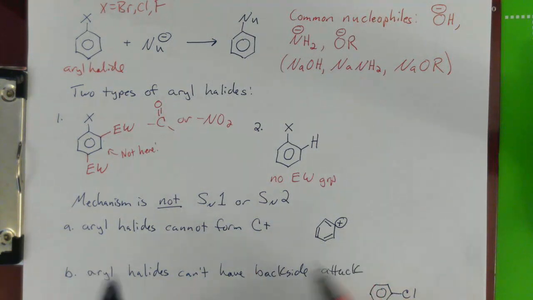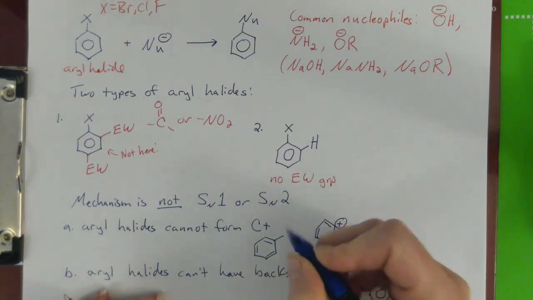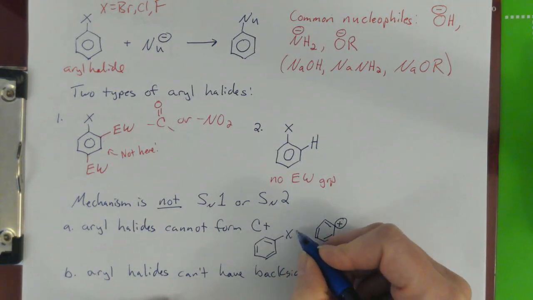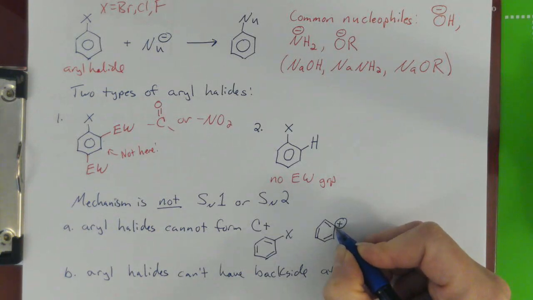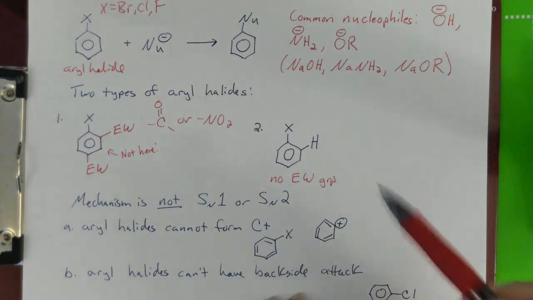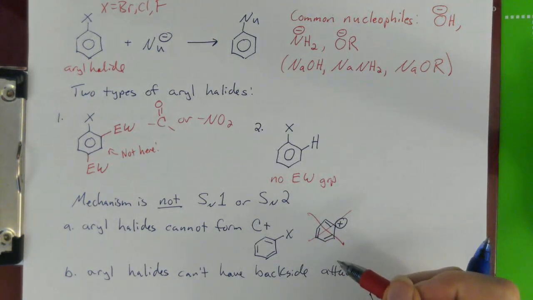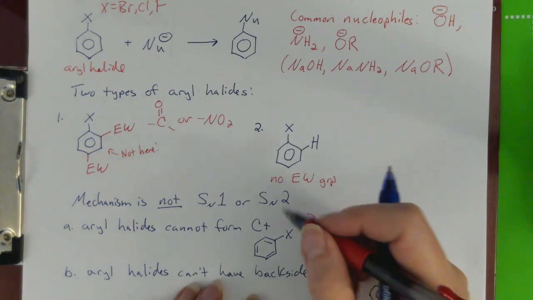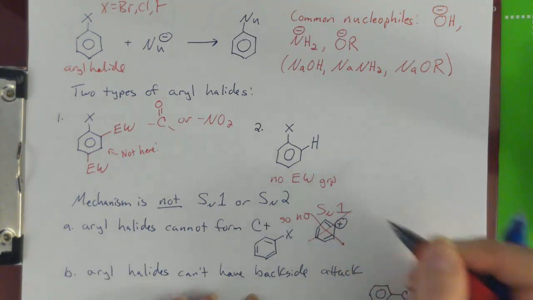If I rip off a halogen here in the form of a halide, then I would have a plus charge here. This is so unstable. This is a big no-no, right? So it can't be SN1. So no to SN1.